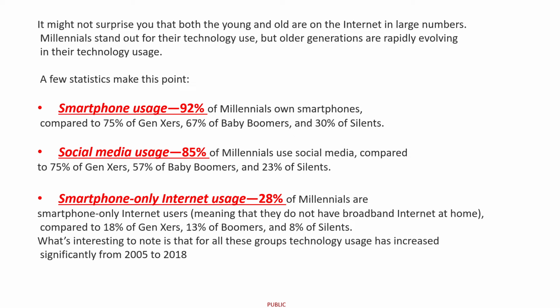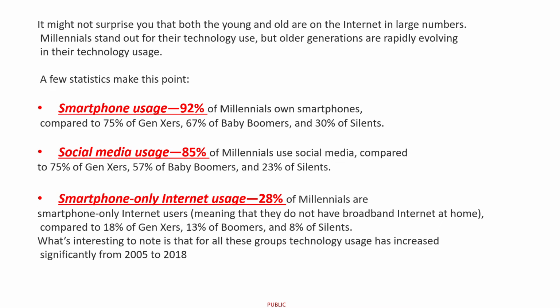Number one is smartphone usage: over 92% of millennials own smartphones, compared to 75% of generation X, 67% of baby boomers, and 30% of silents. This tells you that 92% of millennials own a smartphone, 75% of generation X, 67% of baby boomers, and 30% of silents.